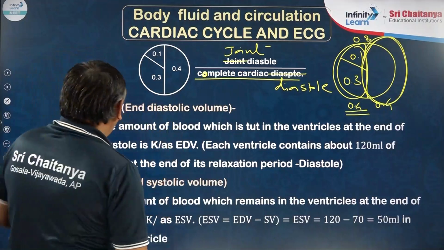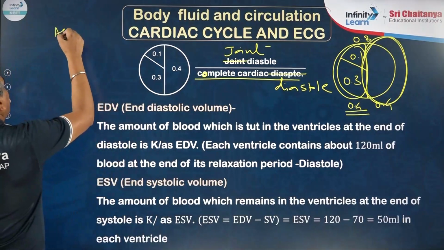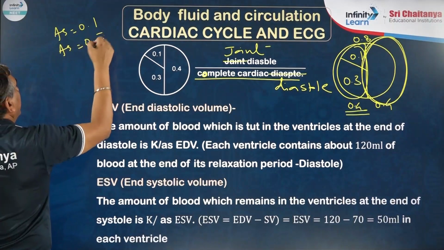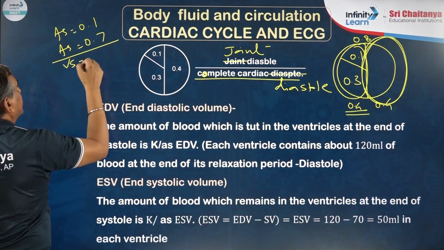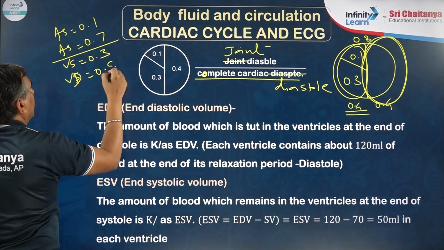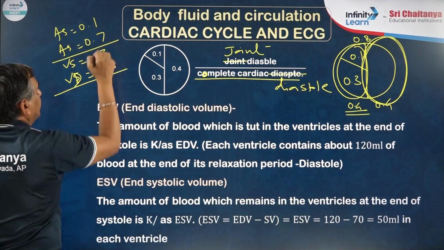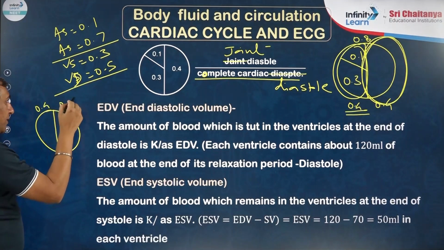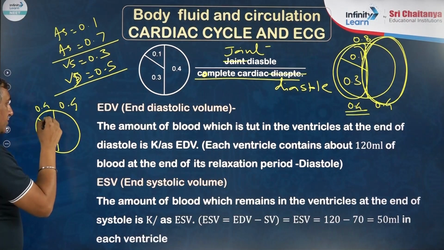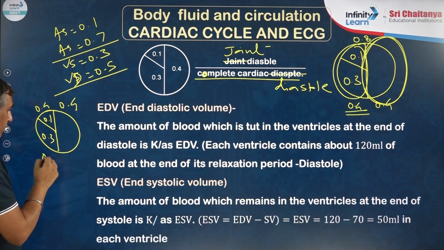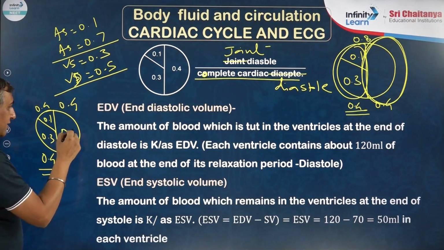Are you getting it? Again I will say, auricular systole 0.1, auricular diastole 0.7, ventricular systole 0.3, ventricular diastole 0.5. So total 0.8 and 0.8. Now how did I represent it? 0.4 and 0.4: auricular systole 0.1 plus ventricular systole 0.3 makes 0.4, and this is the remaining 0.4.